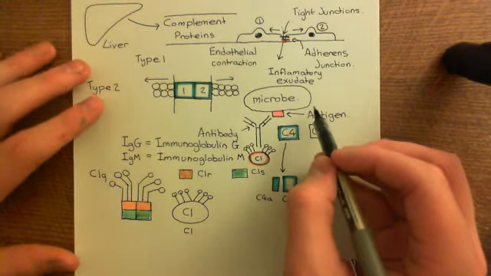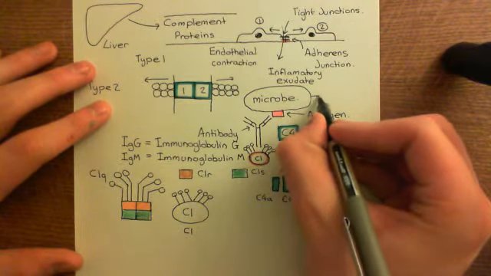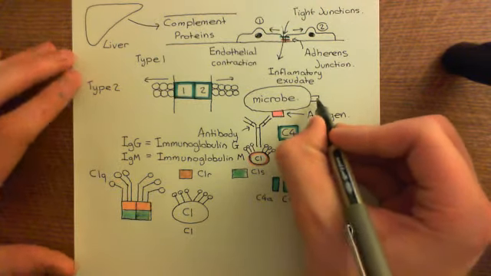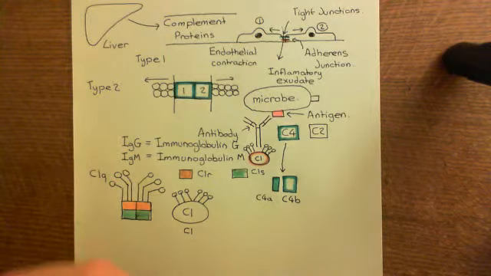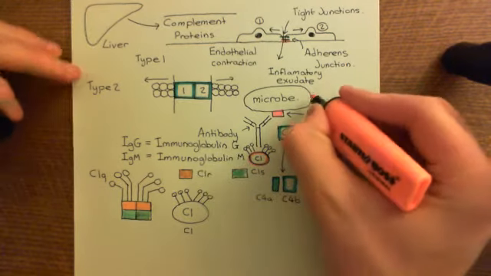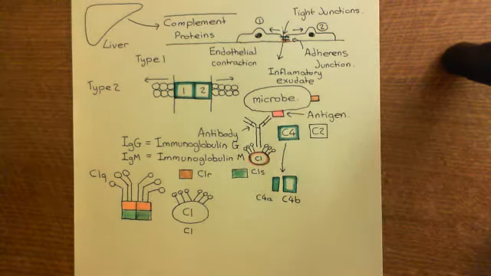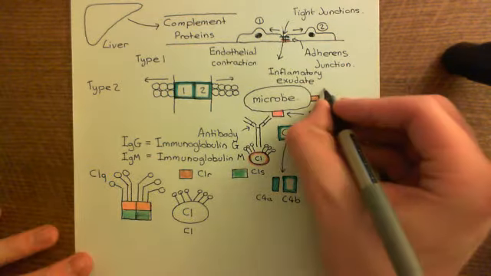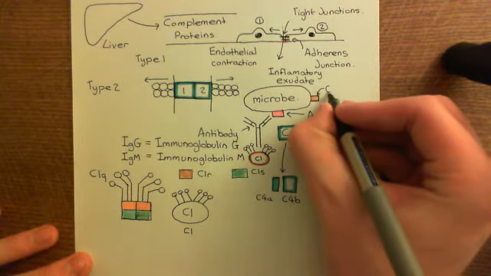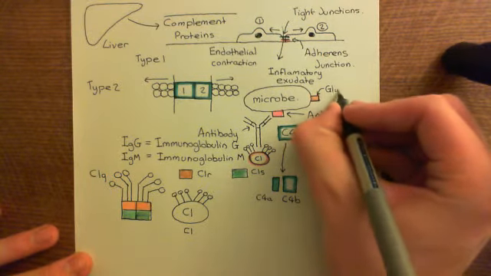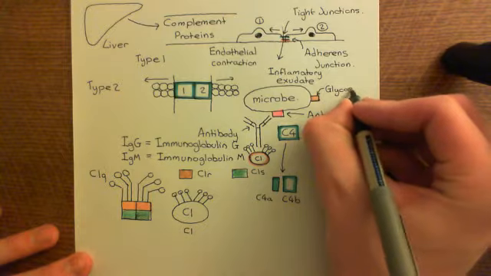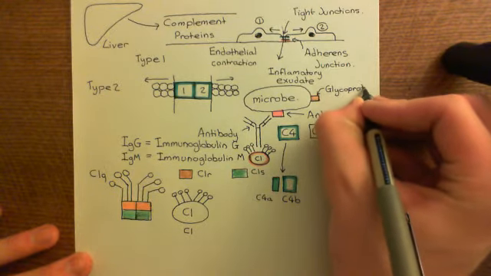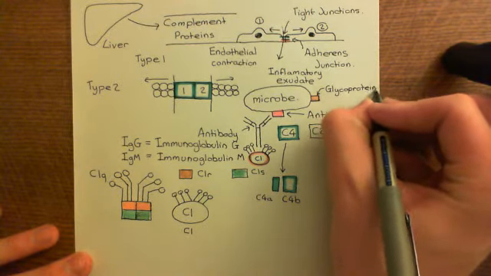In fact, maybe rather than drawing another microbe, I'll put the glycoprotein here. Not in pink, because that's the colour we used for the antigen. Orange will have the glycoprotein in. So this is any old glycoprotein on the surface of a microbe, which just means some protein on the surface of the microbe which has carbohydrate groups or sugar groups attached to it.